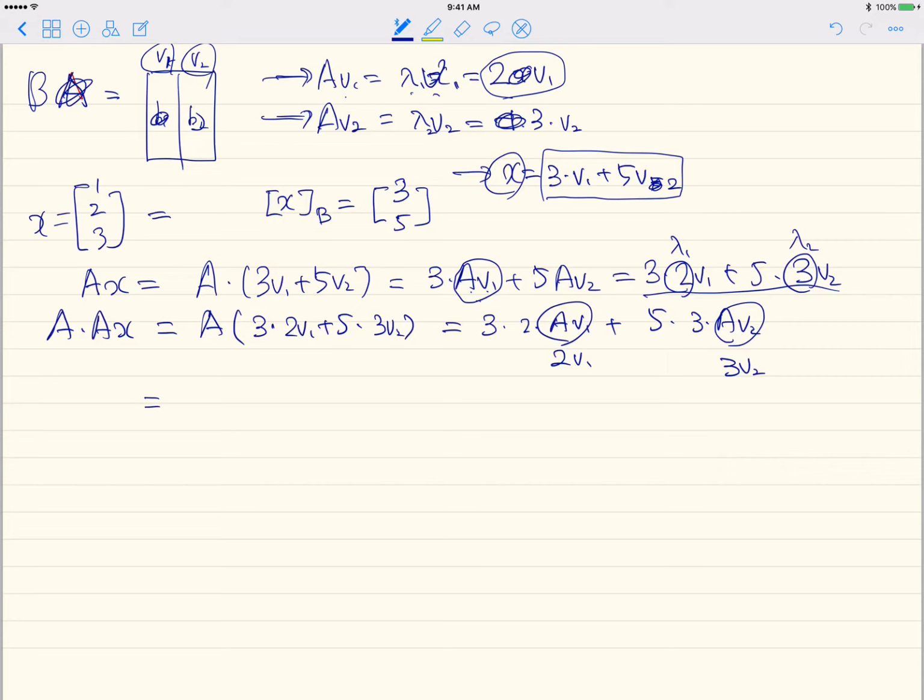So it's 3 times 2 squared times v1 plus 5 times 3 squared times v2. Okay? And what about A to the power of 100 times x?